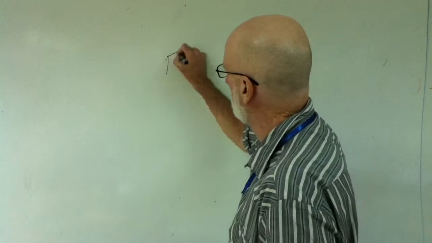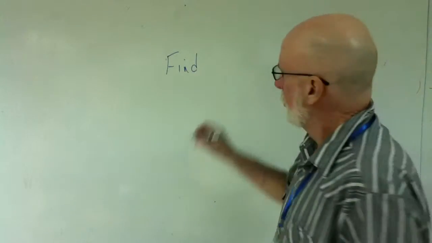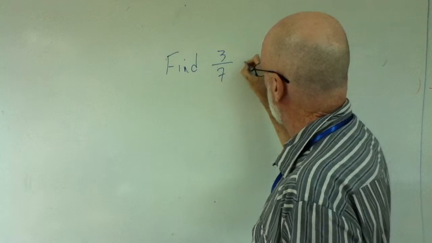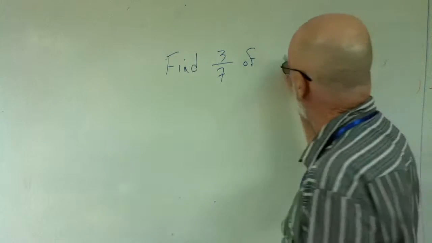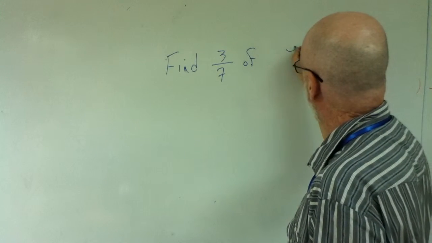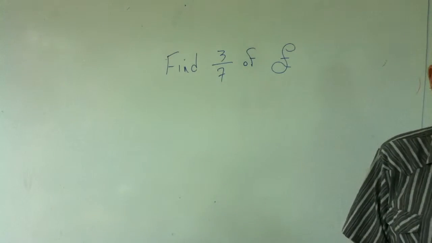So it says find 3/7 of 434. What is that symbol there? Pound. It's an L, leave it as a pound.